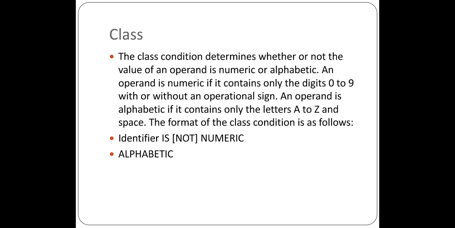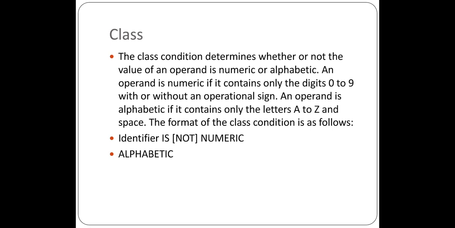So here in conditions in COBOL programming, we have discussed three different forms. The first is the class condition, the second is the relational condition, and the third is the sign condition. In the relational condition we compare two operands and check whether the operands are greater, lesser or equal.